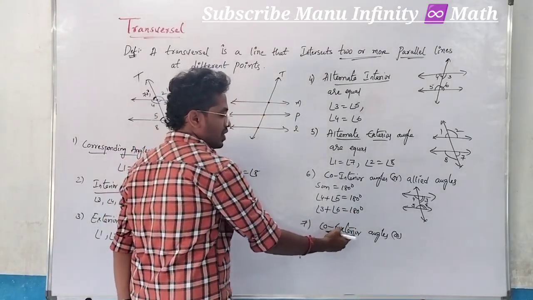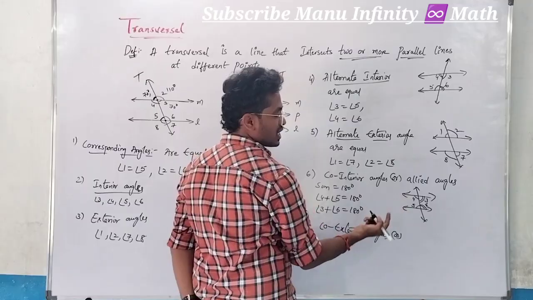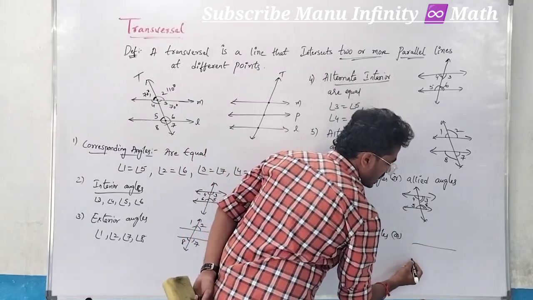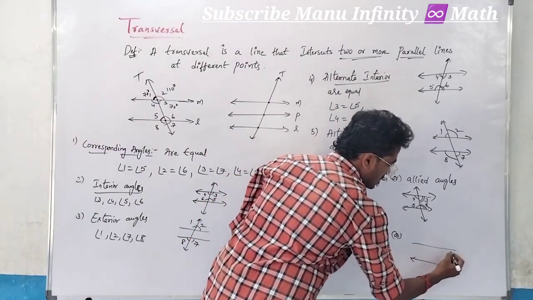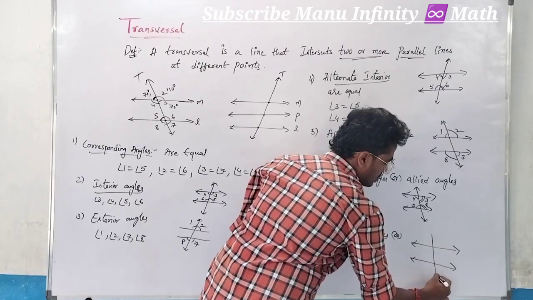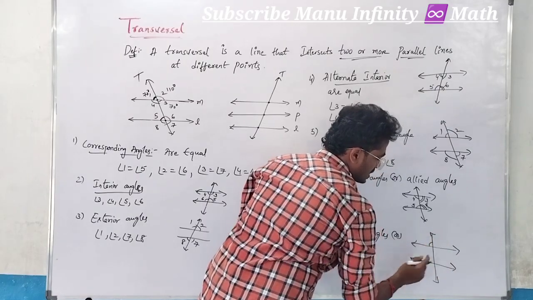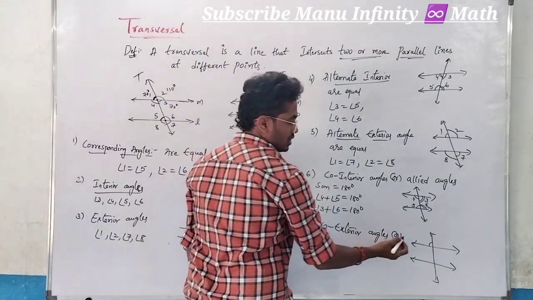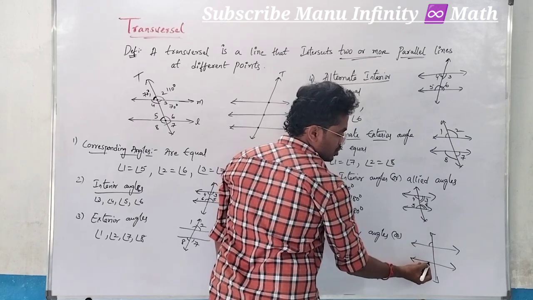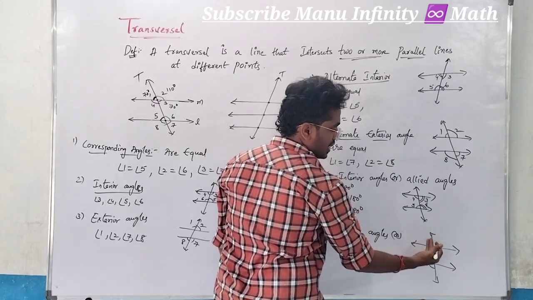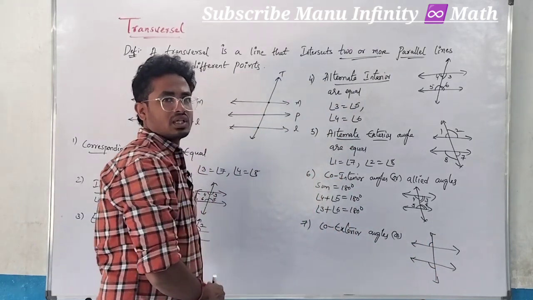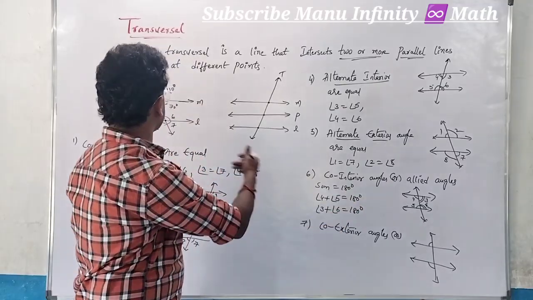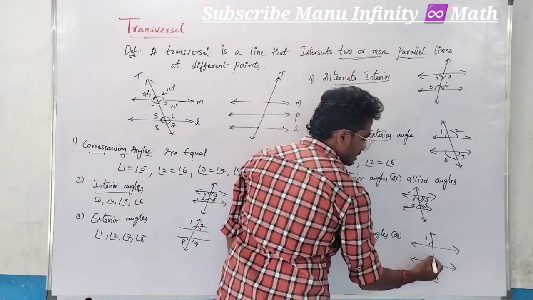Like that, co-exterior angles. What are the co-exterior angles? Take the transversal here. First of all, this is an exterior angle. So what is a co-exterior angle for this? It should be on the same side. Whatever is on the left side of this line should be it. So what is the co-exterior angle of angle 1? Angle 8.